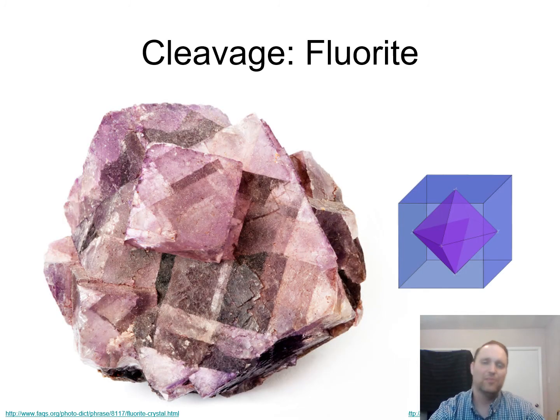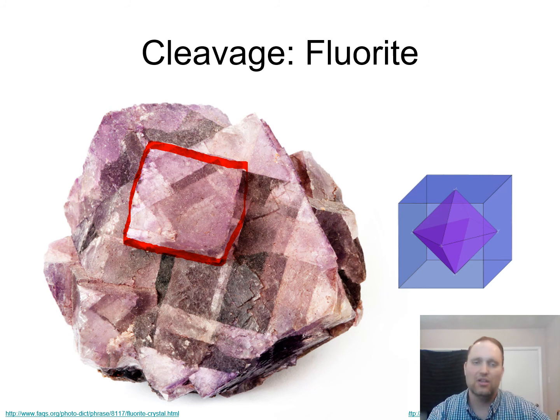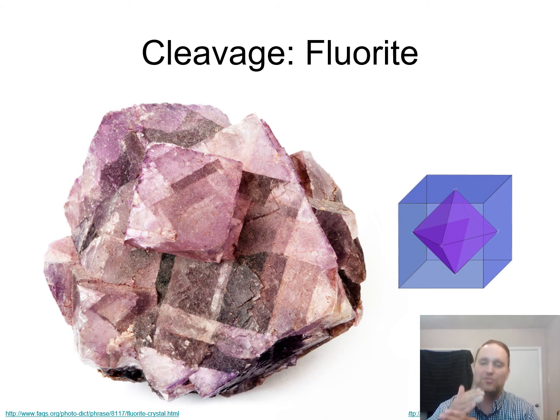Now, a great example of a mineral that has cleavage that's really different and distinct from the shape of the crystal is fluorite. So remember that fluorite has those cubic crystals like we see there. So we have a whole bunch of intergrown cubic crystals there. But instead of breaking into smaller cubes like rock salt will, like halite will, fluorite, instead of having 3 cleavage directions that are at right angles, it has 4 cleavage directions.